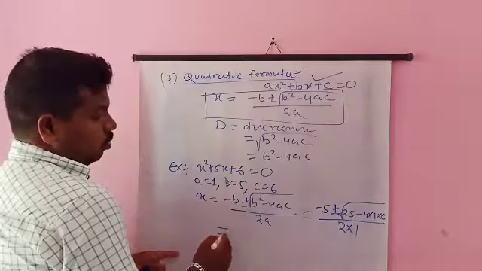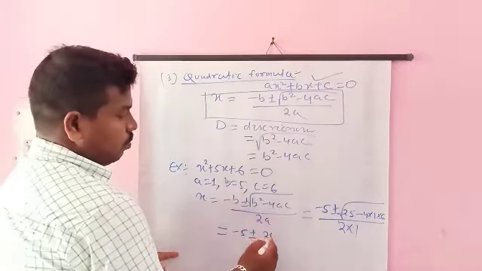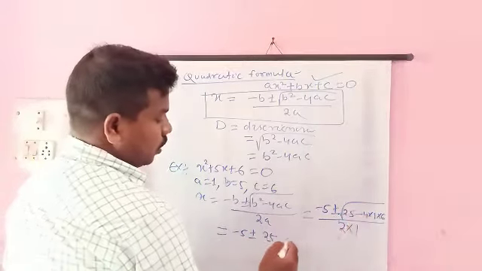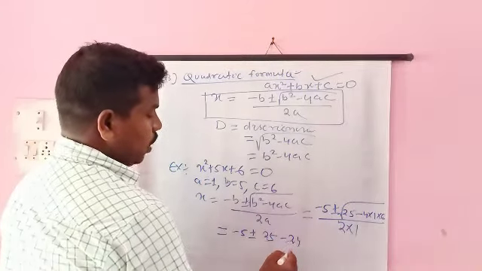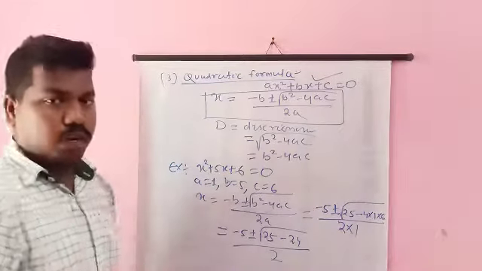So that is equal to minus 5 plus minus root over 25 minus 4 into 1 into 6, that is 24, divided by 2 into 1 equal to 2.